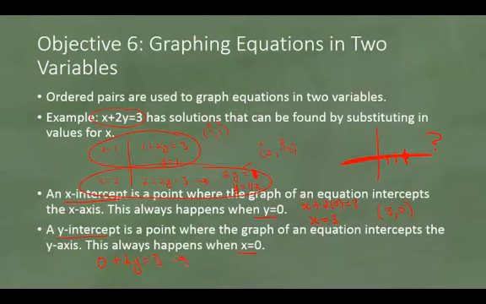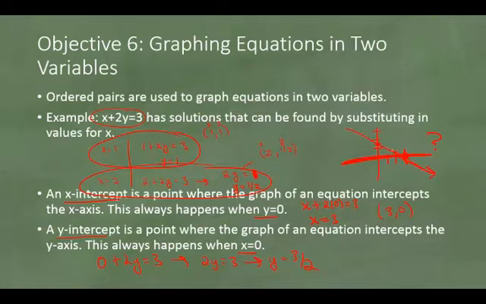That just says that 2y is equal to 3, and y is equal to 3/2. So when x is equal to 0, y is equal to 3 over 2, or about 1.5. That's our y-intercept, and this is what our line would look like.